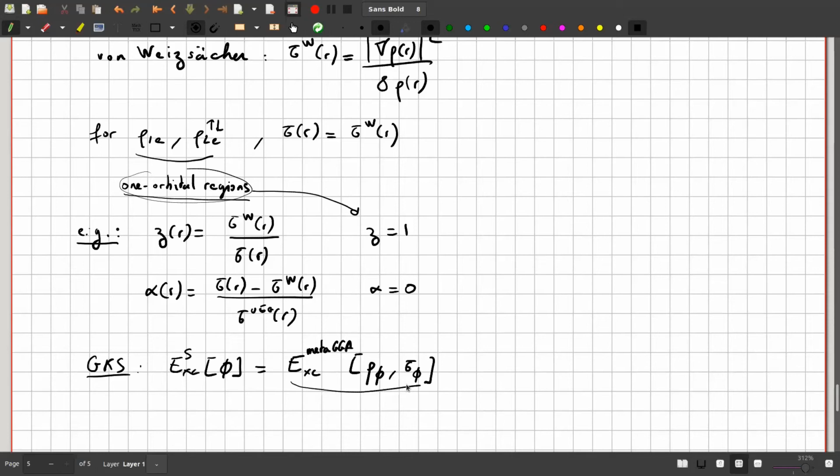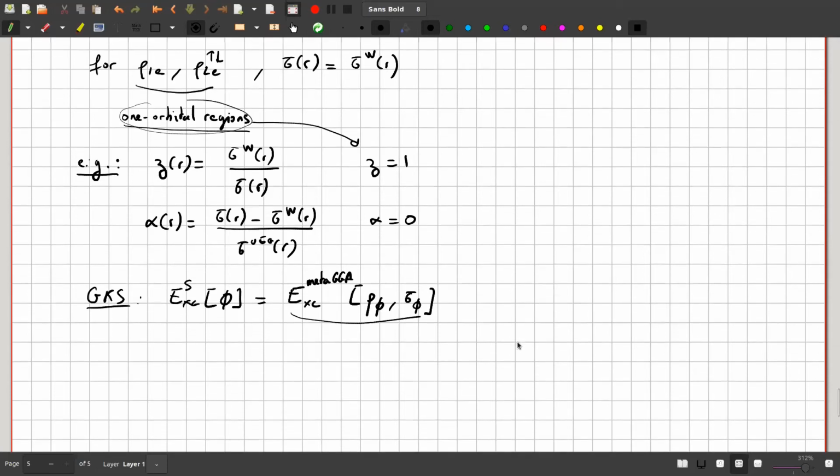So these meta-GGA functionals are an improvement over the GGAs. Several have been proposed, so I will not detail them, but just give you some names for the most famous ones. You can find all the expressions in the review paper. There is the TPSS by Perdew and co-workers, proposed in 2003, which uses in particular this indicator z of r.